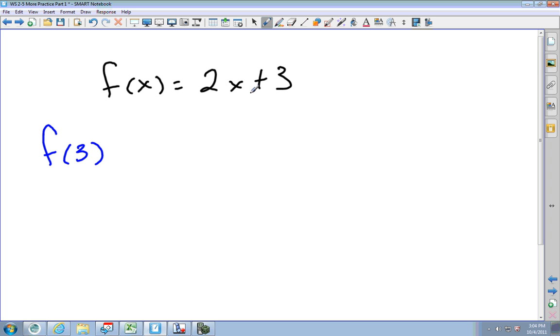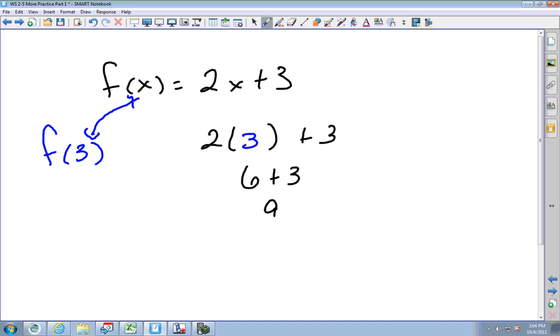What that means is I take this right here. See where the x is? This is where the 3 is. So I'll put a 3 in for x. I'm going to have 2 times 3, plus 3. So 2 times 3 is 6, plus 3, that's 9. So f of 3 equals 9.